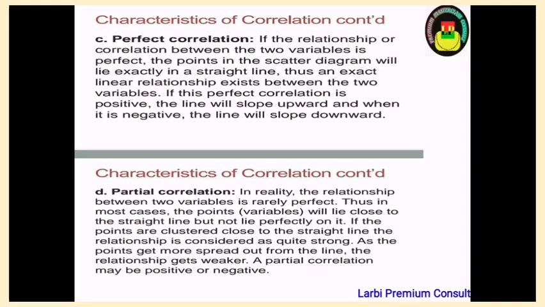That's why we are saying that if two or more variables are perfectly correlated, their values will lie exactly close to the line. For example, if I have this negative correlation line, then I have these points.